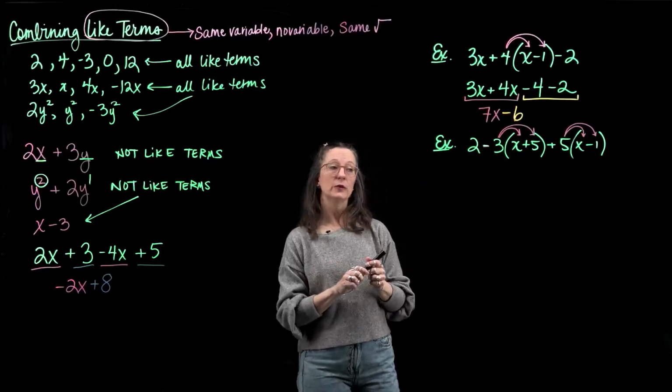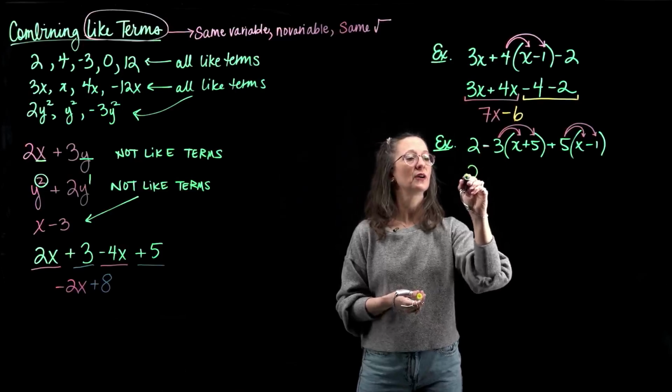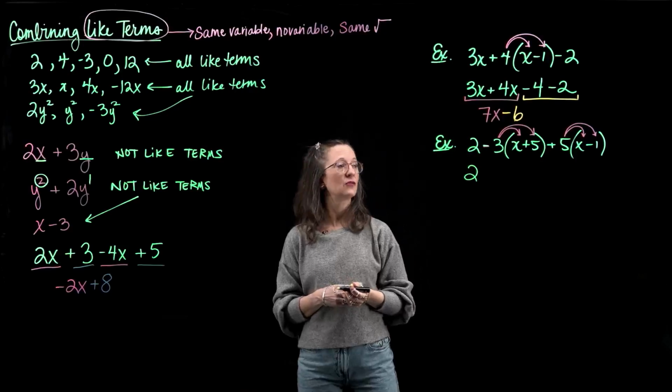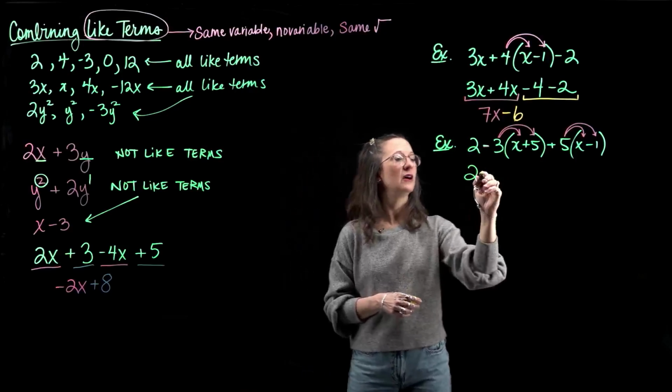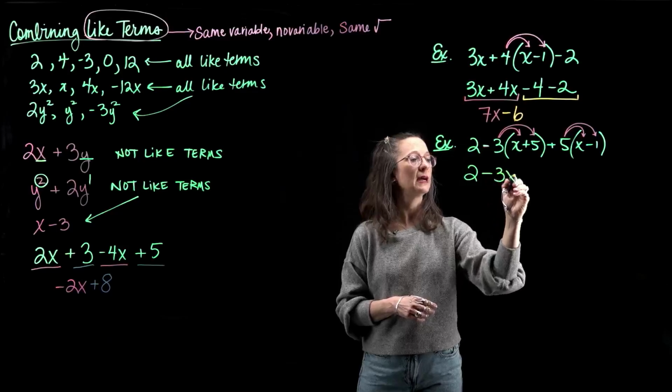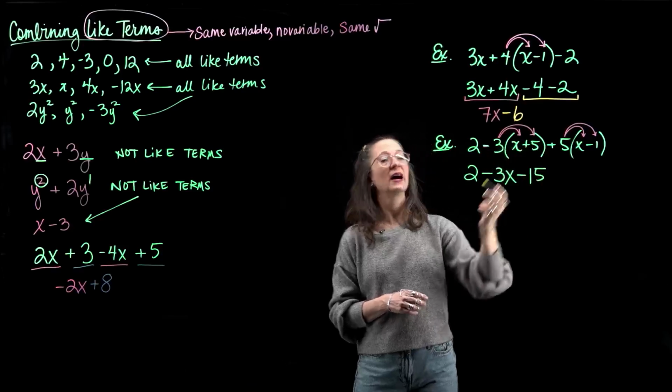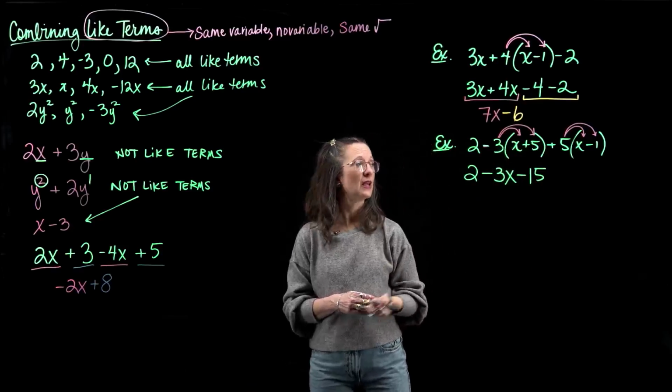All right, let's go through and do this. I'll keep the 2 on the front. It doesn't change. But then when I distribute the negative 3 to the x plus 5, I will have negative 3x minus 3 times 5, which is 15.